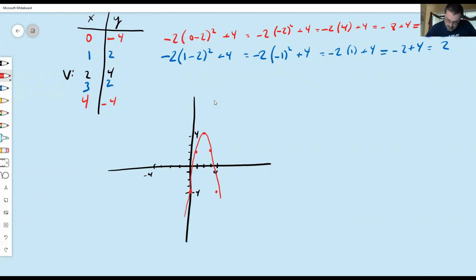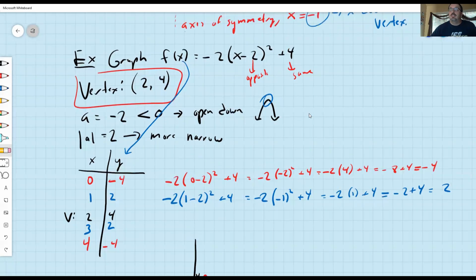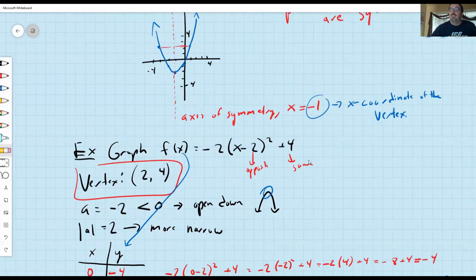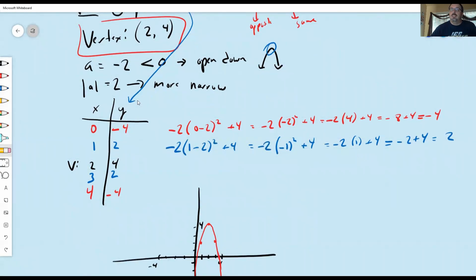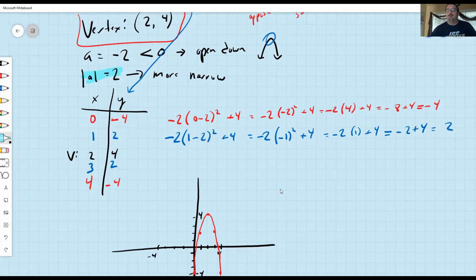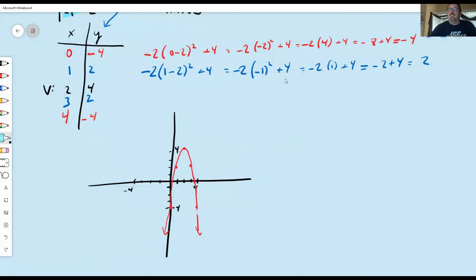There we go, roughly. And you'll note, this parabola looks much thinner than our last parabola. And that's because of the a equals 2 right here. All right. Let me know if you have any questions.